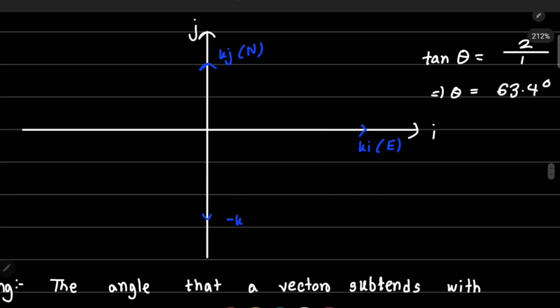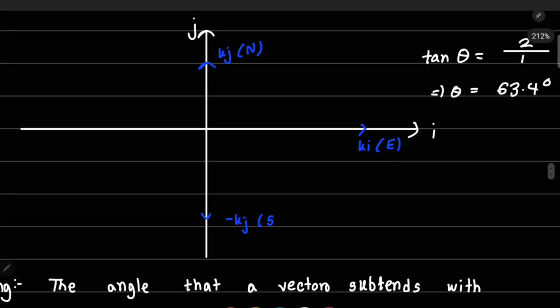Minus kj represents south. And minus ki represents west. The k I'm writing over here is a constant. So even if I move 5 meters, this will be 5j. If I move 3 meters to the north, it will be 3j. So even if I move a different distance, my vector would be the same, just the value of k will change.